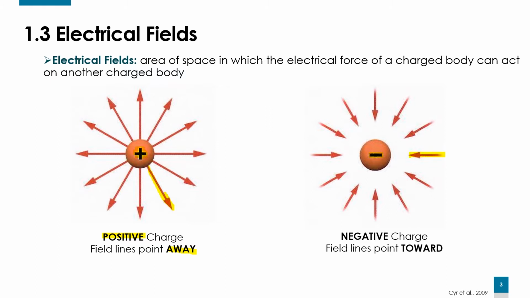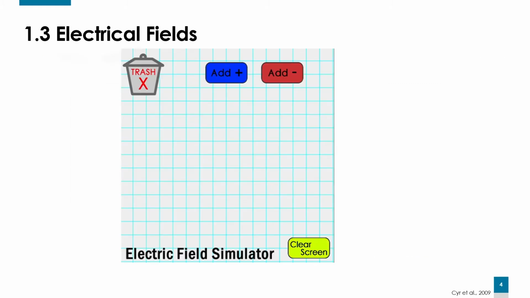Keep this in mind to solve the next exercise. Positive charge goes away, negative charge goes toward. Here I'm going to show you an animation between the charges.